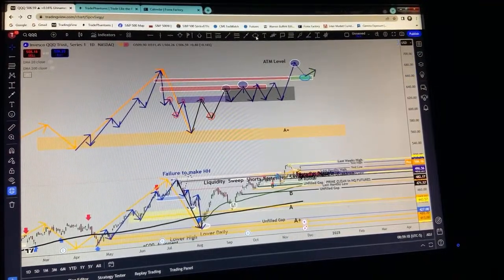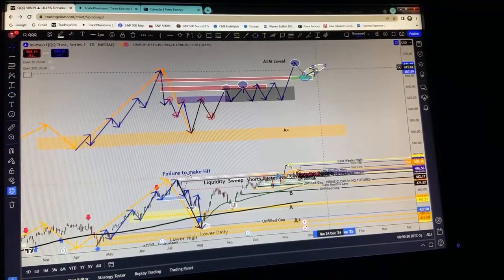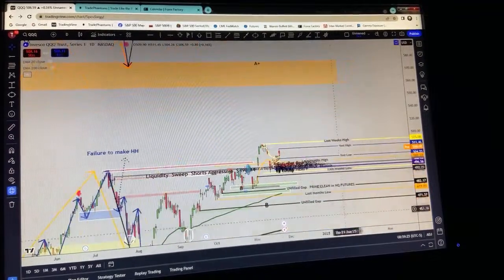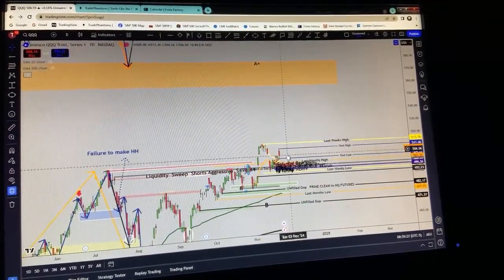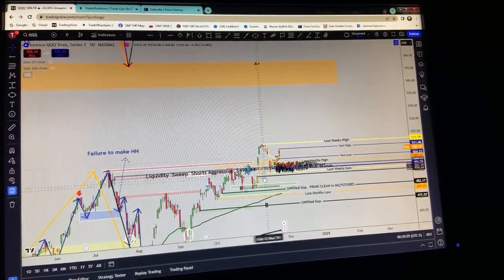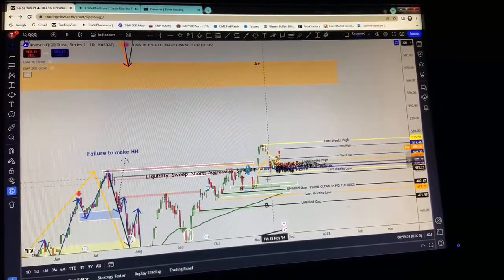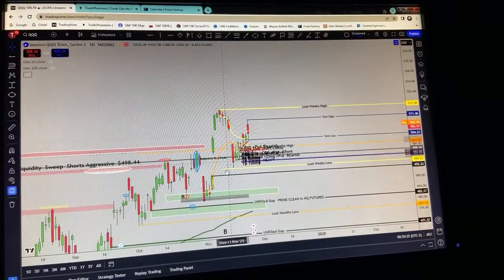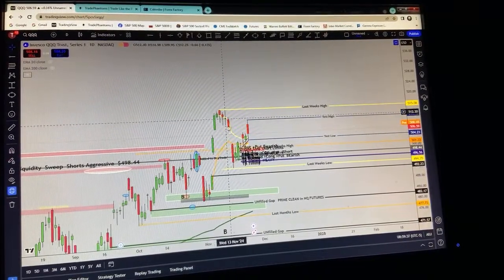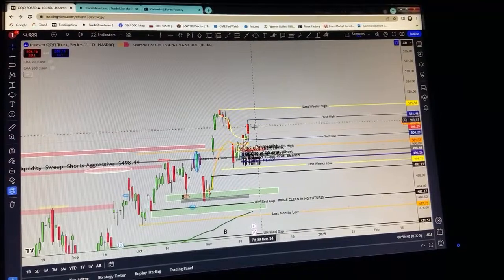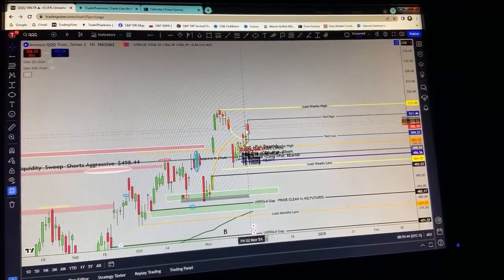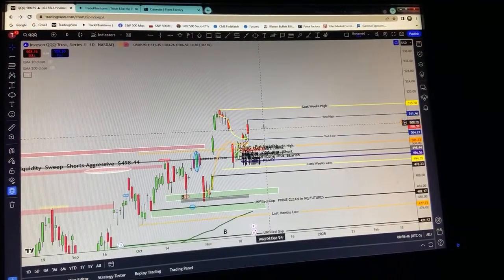On QQQs, we didn't really make an all-time high, but we did pull back, along with the S&Ps on the overall macro picture. Then we rallied back up, and we're mid-range on the pullback still from the election. We have a new high here, we pull back, and we did not make a new high. So we're just parked right in here. So Qs could potentially still find some range in here.